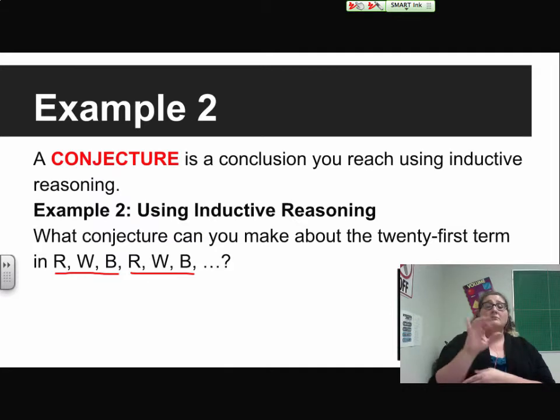So that means this is our 1, 2, 3, 4, 5, 6.